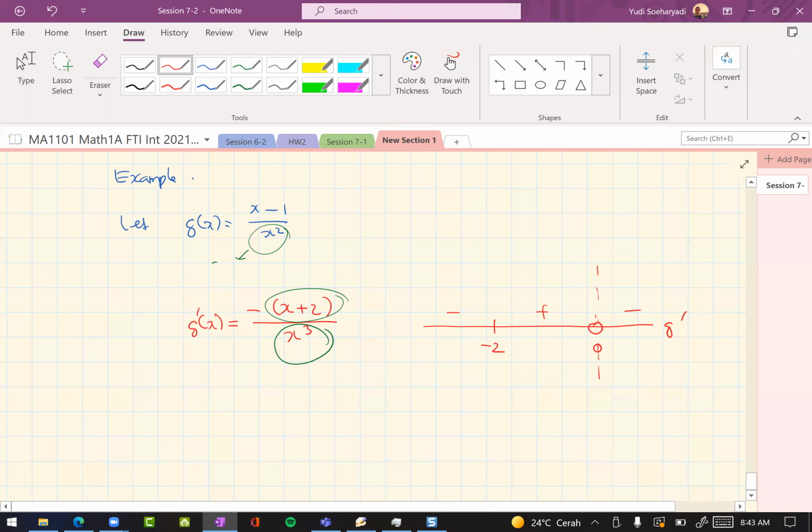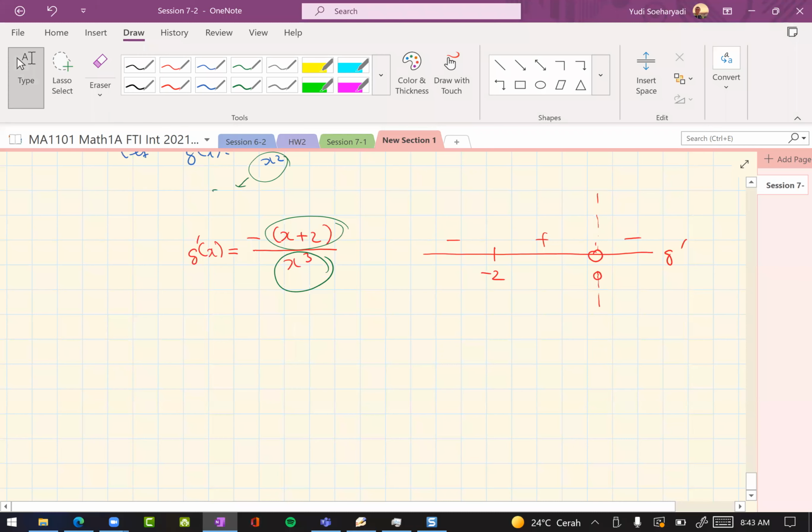Okay. So we make another sign chart for the second derivative. So let's compute the second derivative. Second derivative is just the derivative of the top, so -1, and we have the cube. Minus derivative of x cubed, so 3x squared times this one.